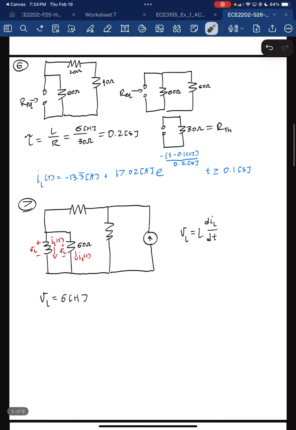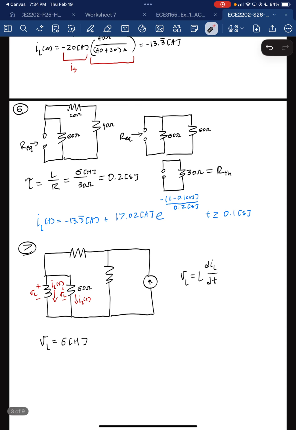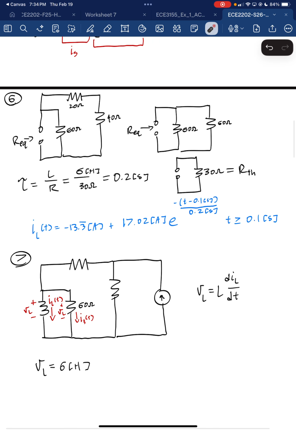Now this is something you can punch into your calculator, although the CAS doesn't like exponential functions that much. It converts it to a decimal, which is really annoying. But you can still do this semi-easily using basic calculus. The derivative of a constant is 0, so the 13.3 is going to go to 0.